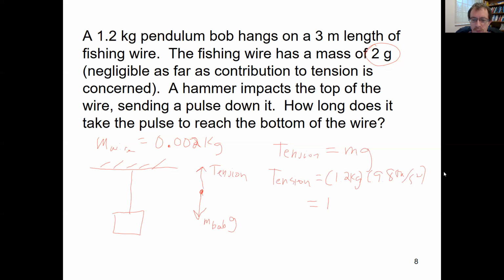If I work this out, I get 11.76 newtons as the tension in my wire. That's important, so hang on to that, and we'll see what else we need to do from here.